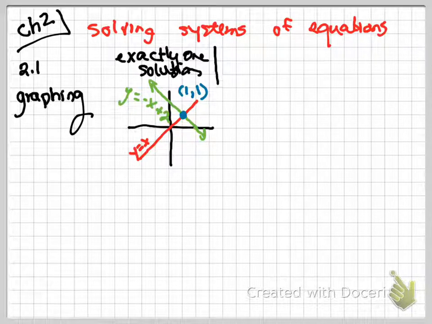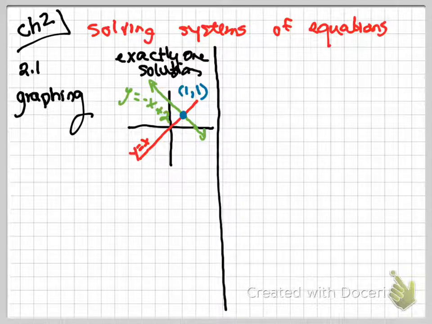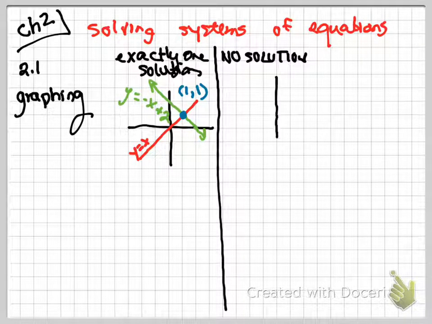We're not always going to have exactly one solution. Sometimes there is no solution at all. What that looks like, again, I'll sketch a little graph here.